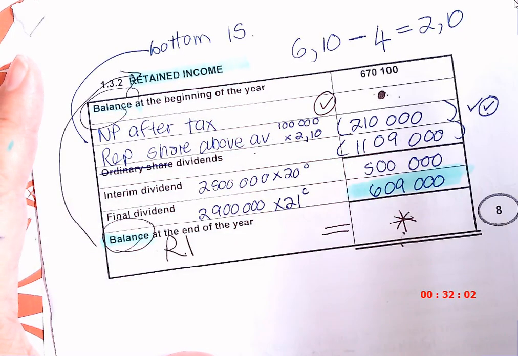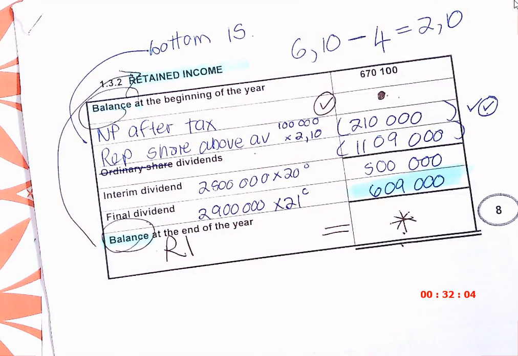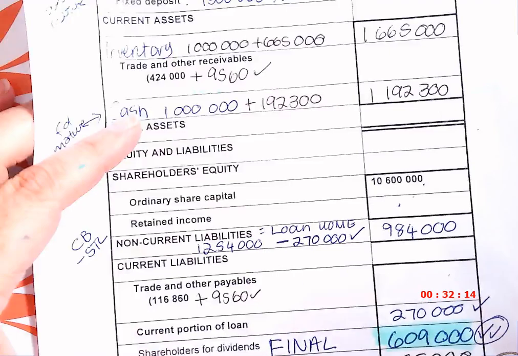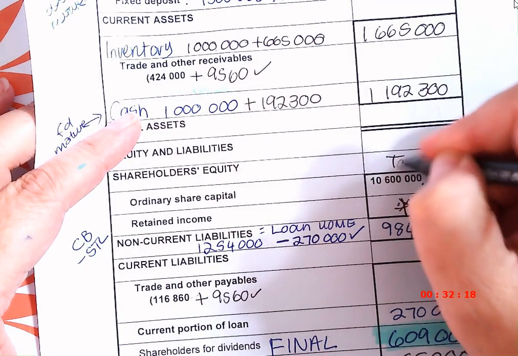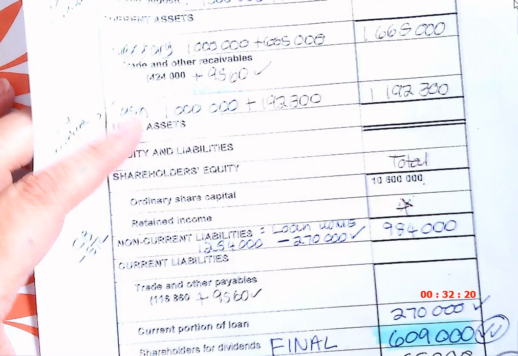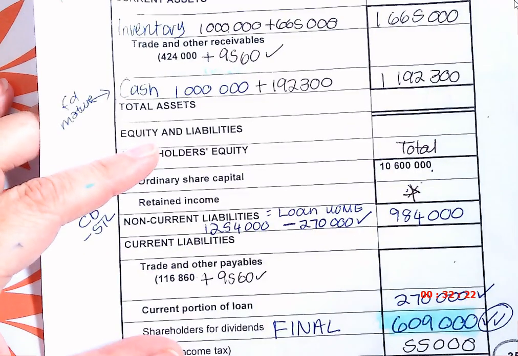Now I can go to my face. I don't know where's my face. Oh, here. So now I can go put this in my face. I can total. You see? And now what happens? I can transfer.